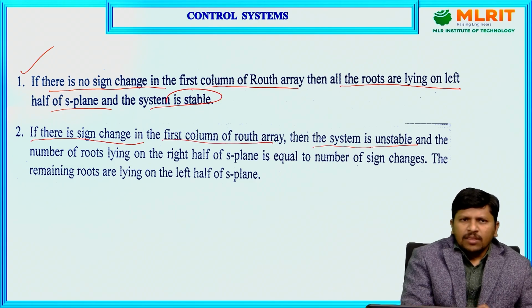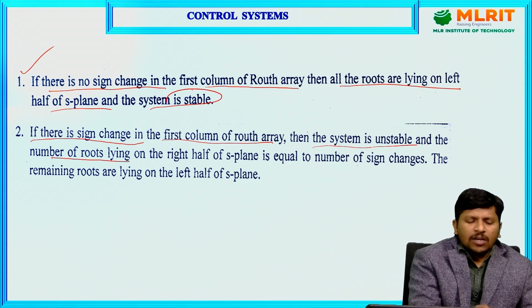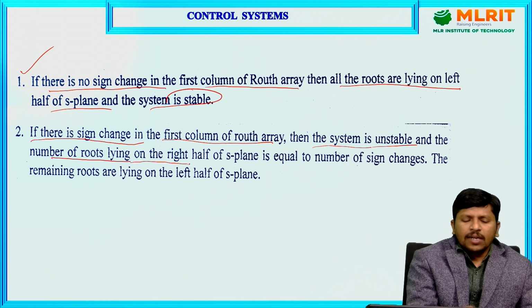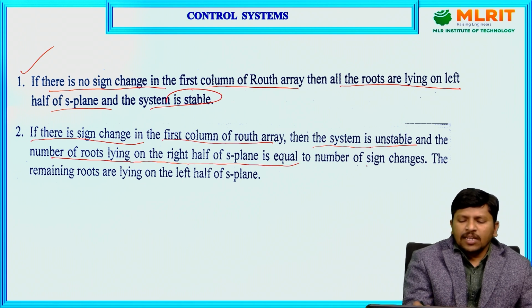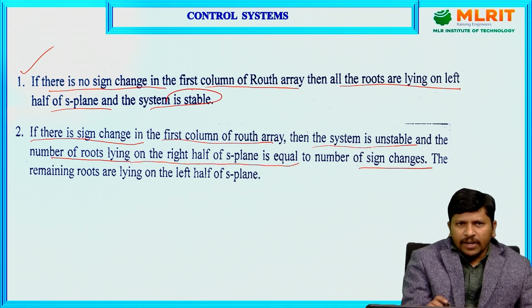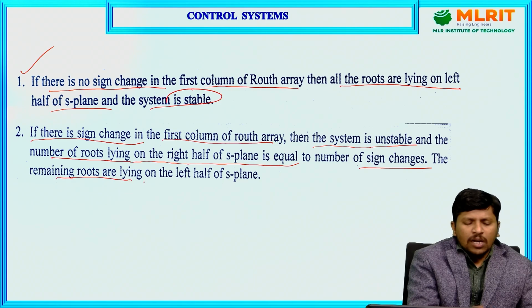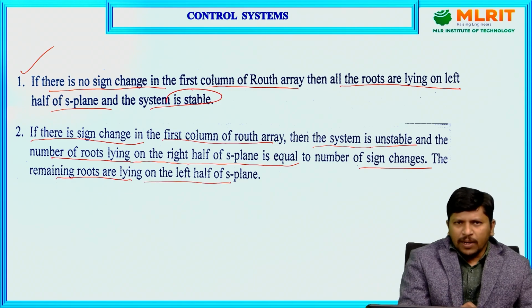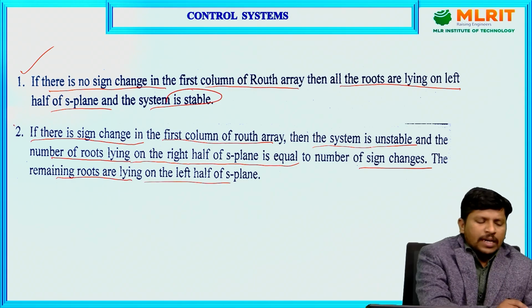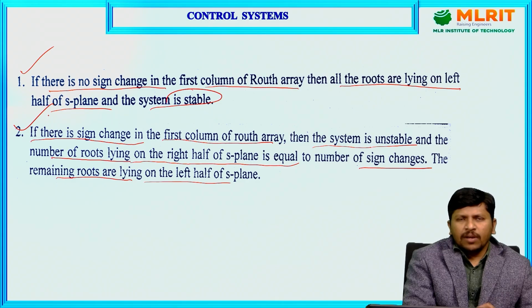The number of roots lying in the right half of the S-plane is equal to the number of sign changes, and the remaining roots lie on the left half of the S-plane. These are the two conditions obtained using the normal Routh array.